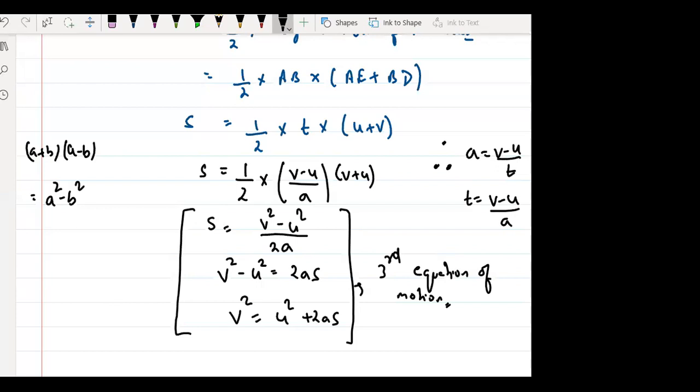Otherwise, if you convert this equation, this third equation can be converted into the second equation, by the way. Any of the three equations can be converted into each other, right? समझ में आया? It is just what you're using, depending on which variable is given. So in this, we have U, V, A, and S, है ना? So the variables are different, ठीक है? Okay?